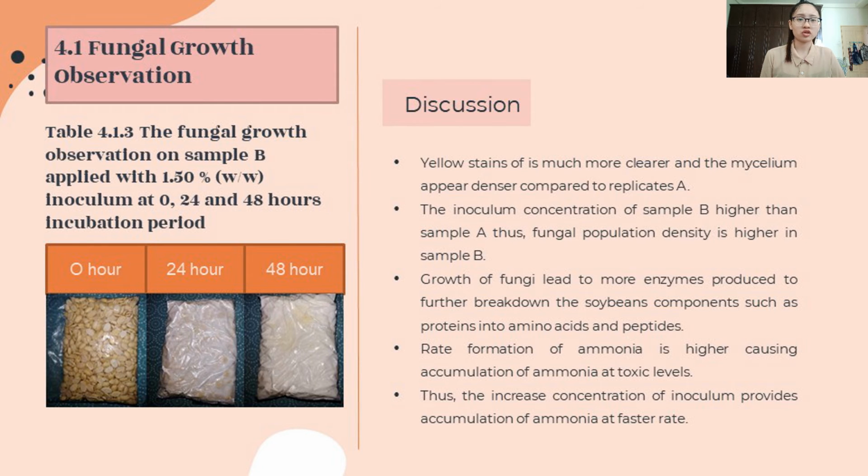The rate of formation of ammonia is higher, causing the accumulation of ammonia at toxic levels. Thus, the increased concentration of inoculum provides the accumulation of ammonia at a faster rate.